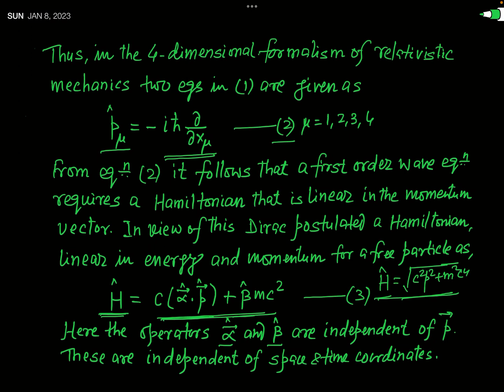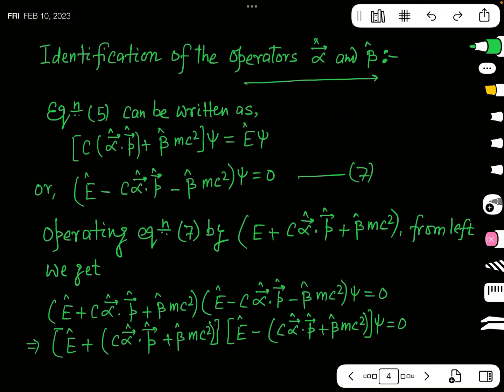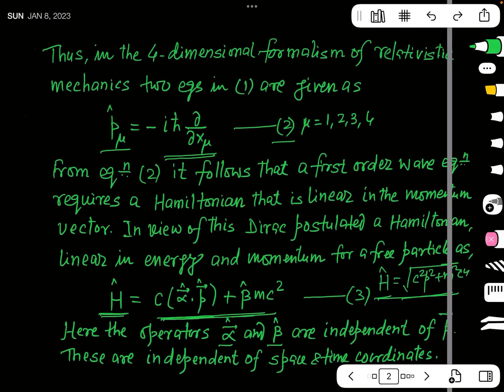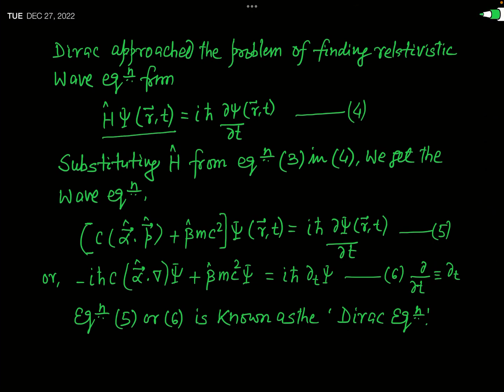Now Dirac found the wave equation by starting with Schrodinger's time dependent equation. You can see this is Schrodinger's time dependent equation: H hat operated on psi of r, t equals i h bar del psi of r, t by del t.